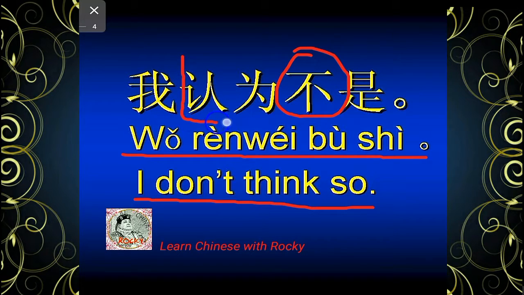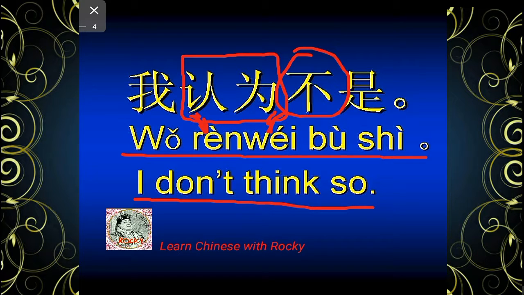Renwei is to think about something, to consider something. Ren is a fourth tone character, a falling tone. And wei is a second tone character, a rising tone. So it's falling tone, rising tone. So it's Renwei, and that's to think or to consider.